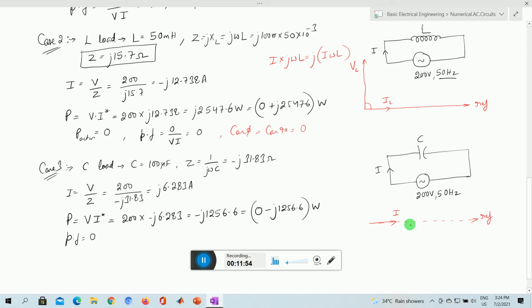Now this current is multiplied with the impedance 1 by J omega C. So I am getting something like minus J I by omega C. When I get minus J, it's the negative y-axis. So I get a voltage somewhere here. This is minus J I by omega C. In the inductor case we were getting J times I omega L. Here it is minus J.